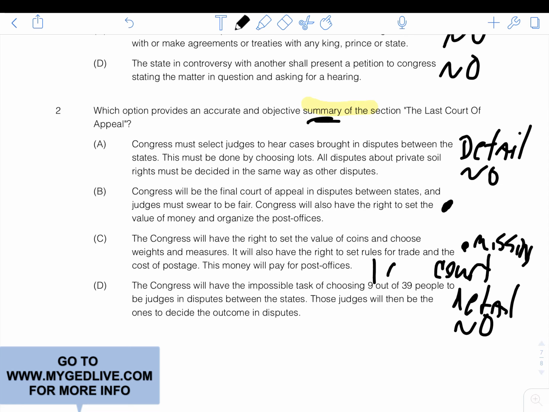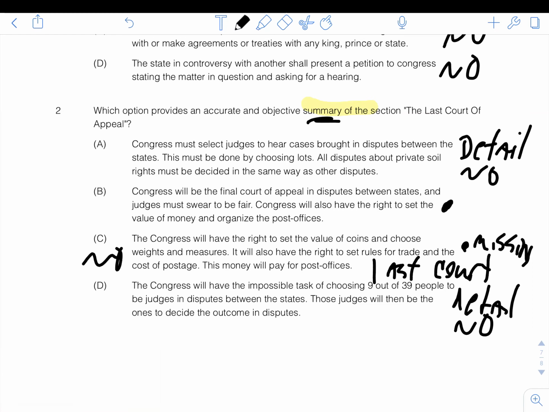It is missing the last court section. So that's why I would say no on that one. So when we're looking at an objective summary, B has an accurate and objective summary because it covers all the matters of that particular article.